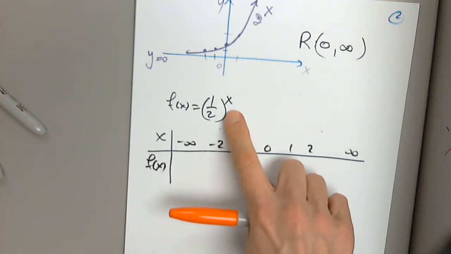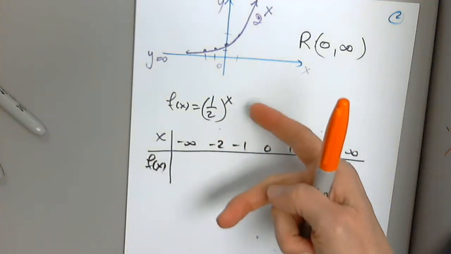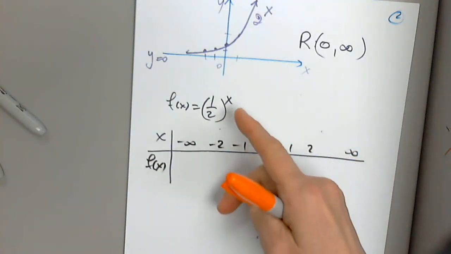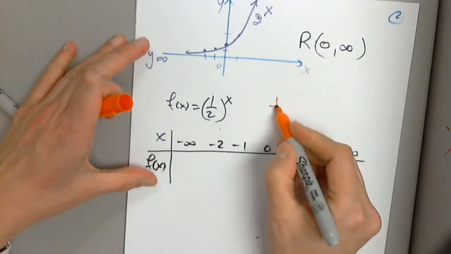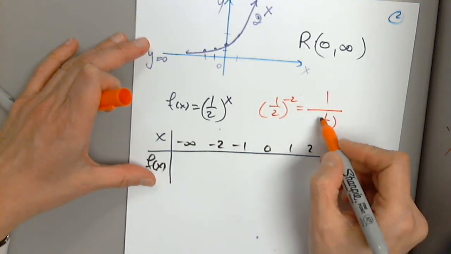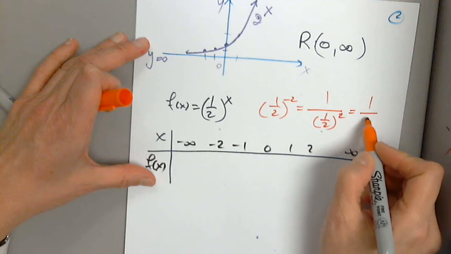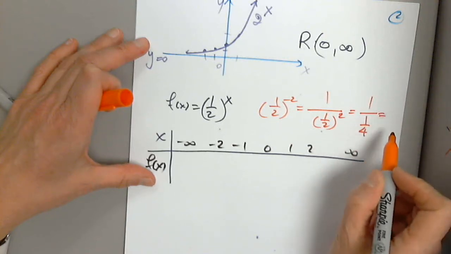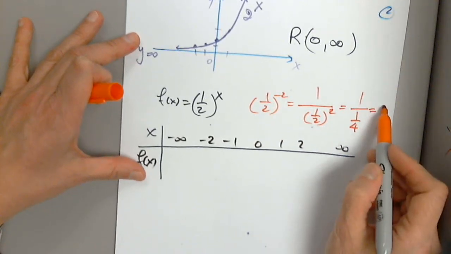When we plug in -2, remember you have to flip. 1/2 raised to -2 is 1 over 1/2 squared, which is 1 over 1/4, which is 4. Very good.